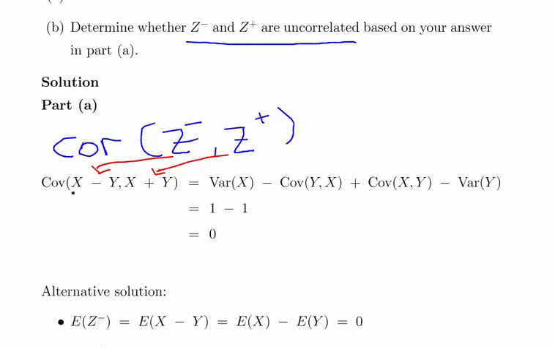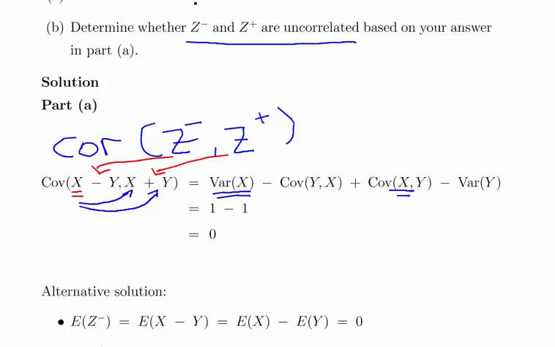We take this x here and get the covariance of each of those terms, the covariance of x and x, and the covariance of x and y.